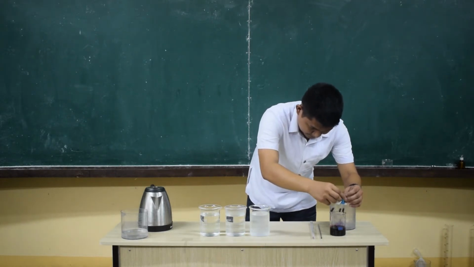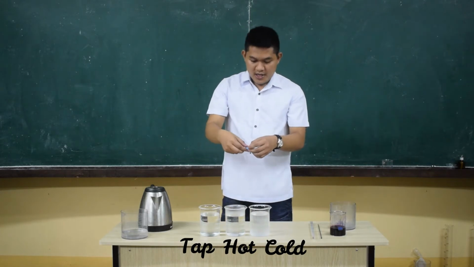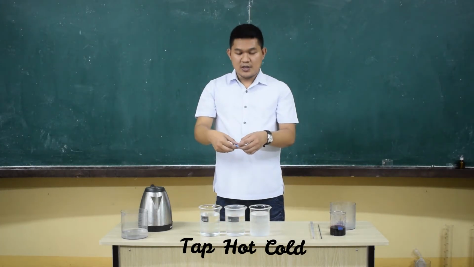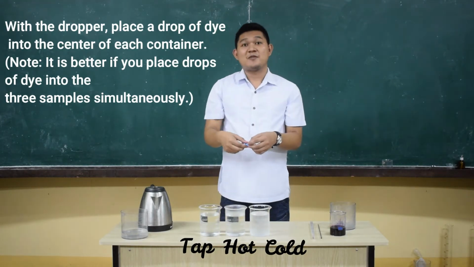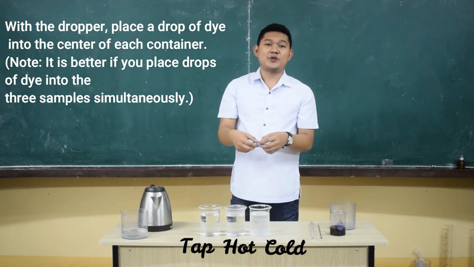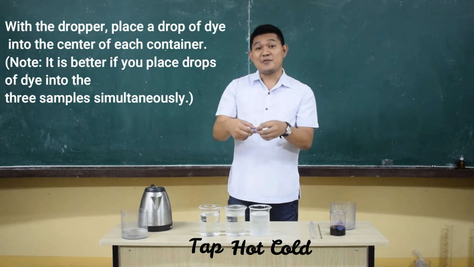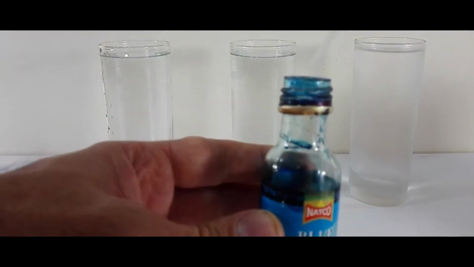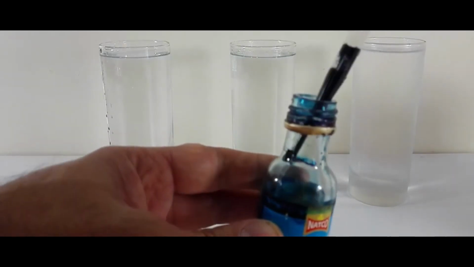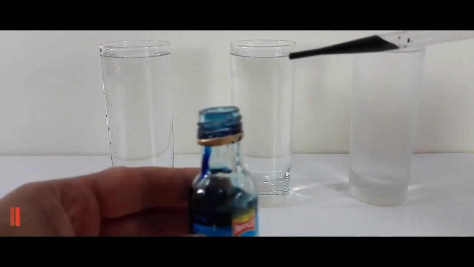Okay. So this time, we will place a drop of dye into the center of each container. But take note, it is better for you to place a drop of dye into the 3 samples simultaneously. So, for a better view of the behavior of dye particles, let's watch this video. Carefully observe and write down your observations in the table that you drew.